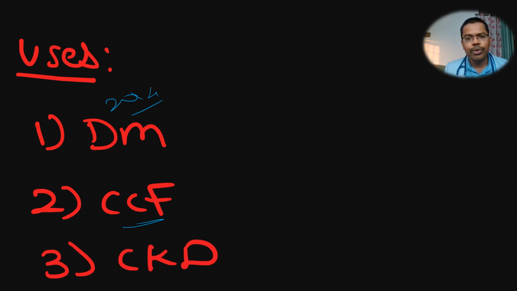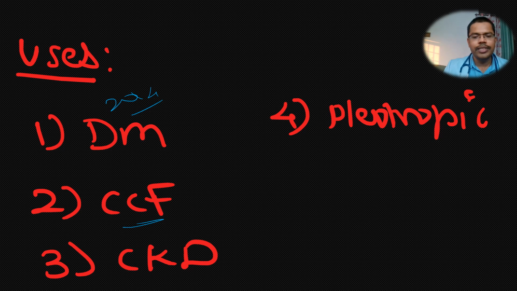It reduces the progression of chronic kidney disease through various mechanisms, involving tubuloglomerular feedback and decreased fibrosis. The mechanism discussion itself is a separate topic, but as of today, you can remember it is being used to stop the progression of chronic kidney disease. Mortality and morbidity benefit is there.